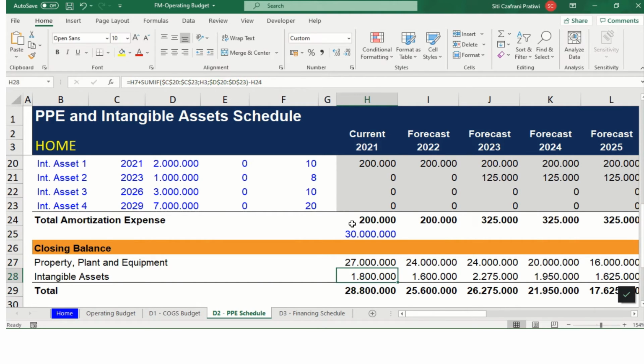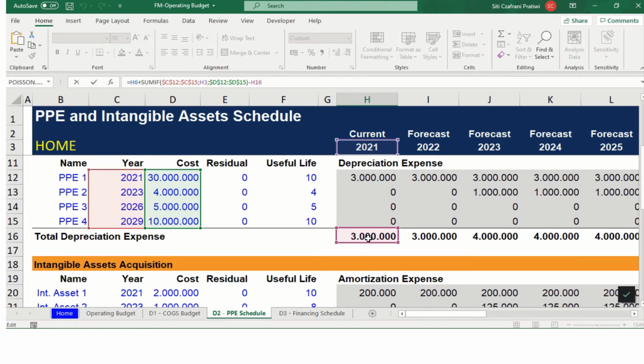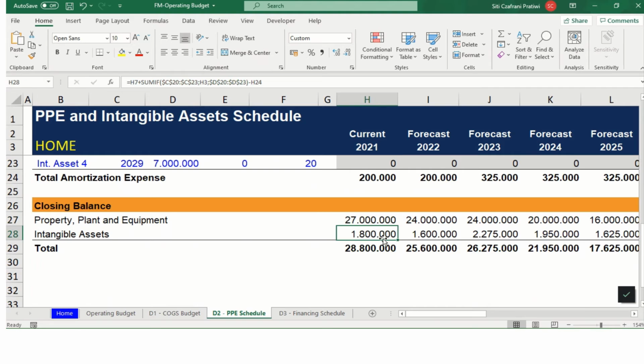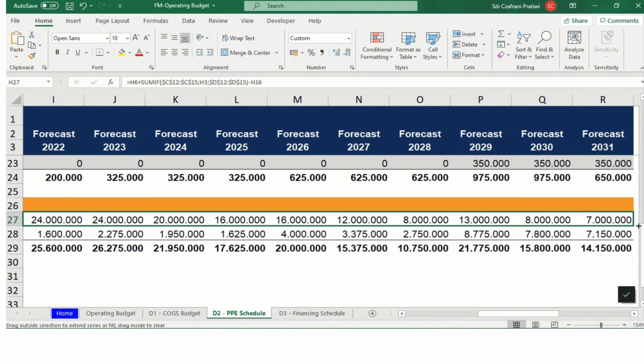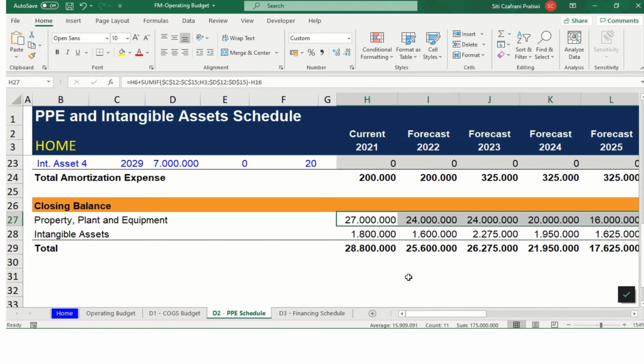So this is also already a flexible formula because I already put string in here, and H16 basically is the depreciation expense in the specific forecasted year. So after you read this formula, you could just simply drag it horizontally for the rest of the forecasted years.